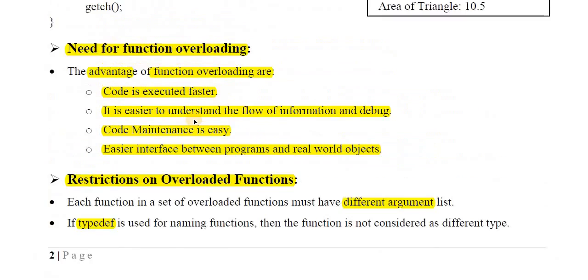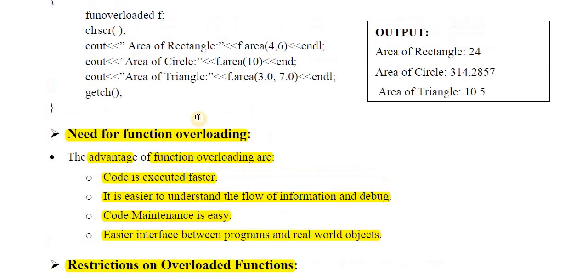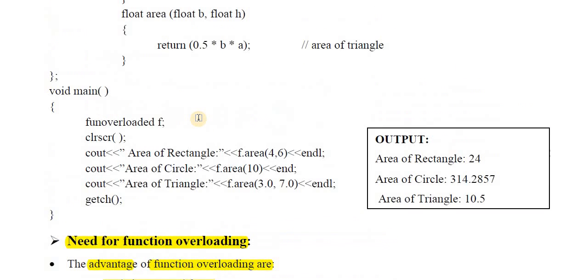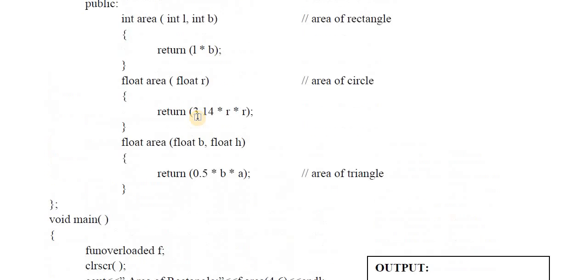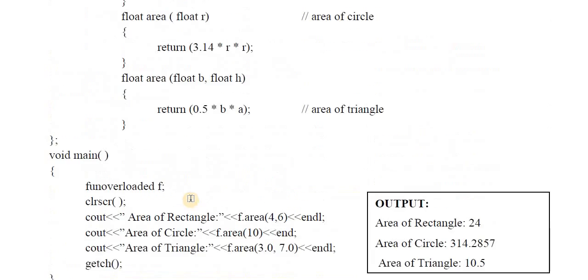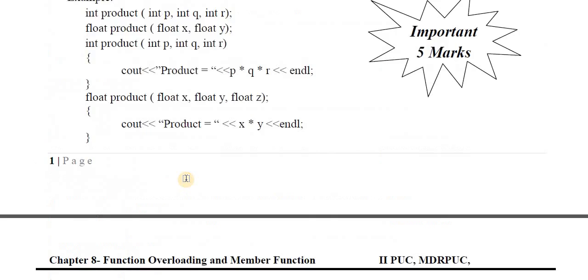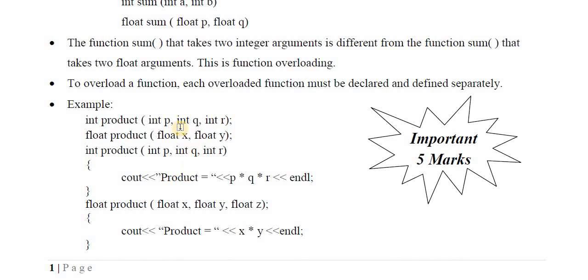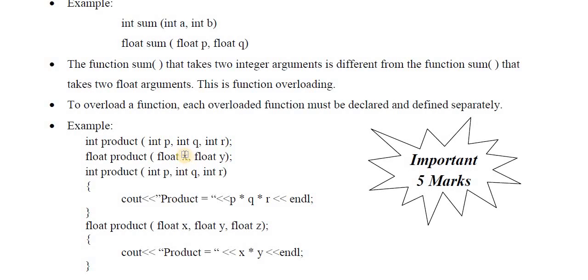So in this function overloading, the main topics that will come in the exam are the definition of function overloading and need or advantages of function overloading, or sometimes it will ask for an example of overloaded functions. So you can take any functions. Here minimum you have to take 2 functions for giving an example of overloaded functions.